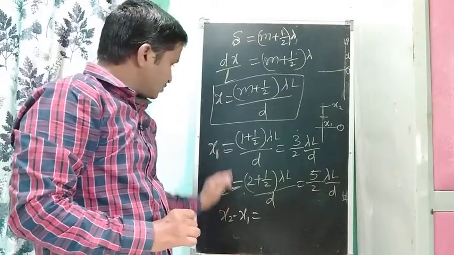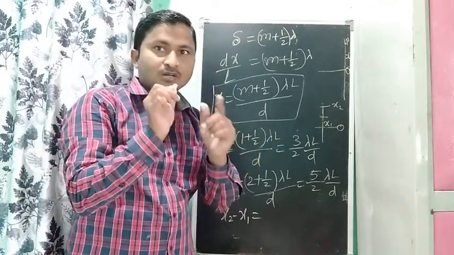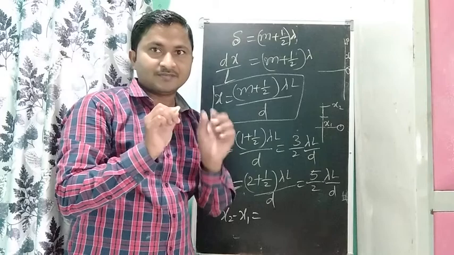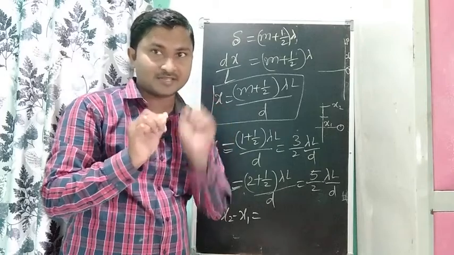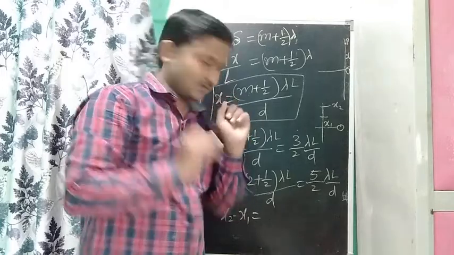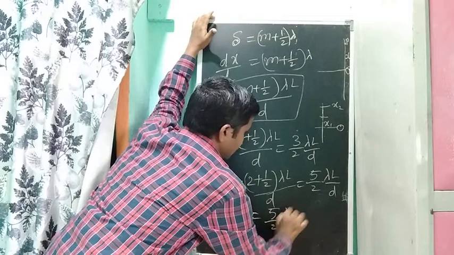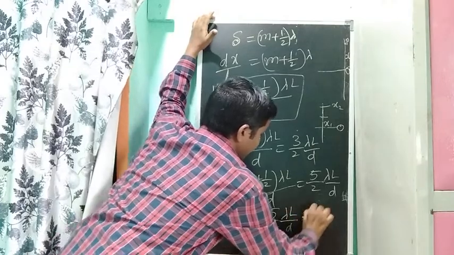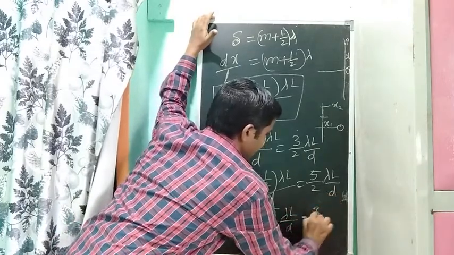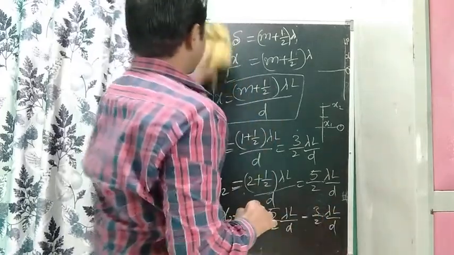If we subtract, we get the distance between two dark fringes, which gives the width of the bright fringe: 5 by 2 lambda L by d minus 3 by 2 lambda L by d.